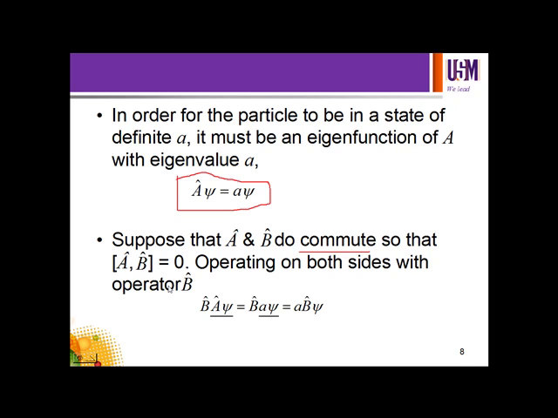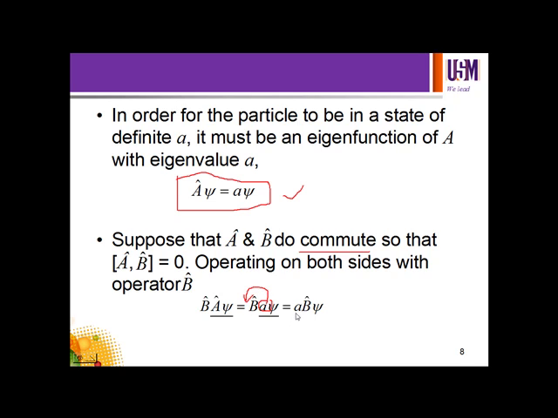Operating on both sides with operator B, that means we multiply the above equation with operator B. So we have B, operator A psi, equal to operator B, a psi. But a is an eigenvalue, so we can bring this up to the front.